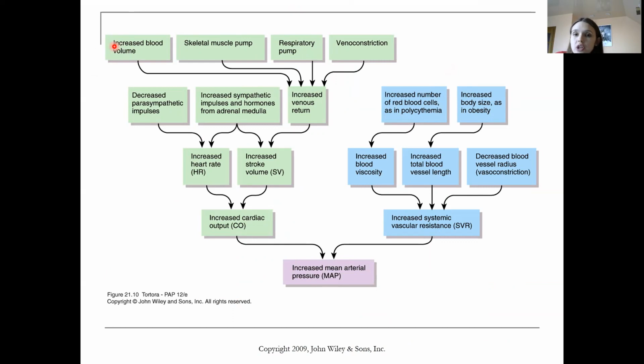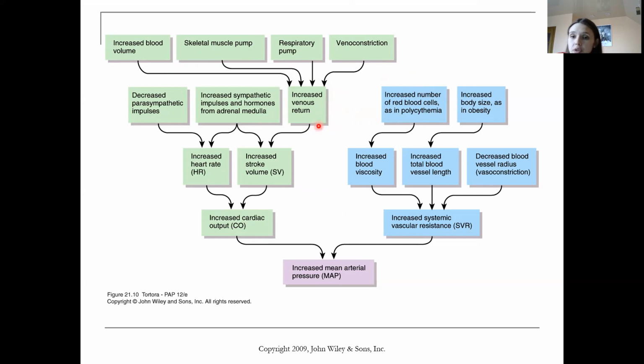Due to the circulation, this increased blood volume will return back to the heart through the function of the skeletal muscle pump and respiratory pump. Also due to the effect of the sympathetic division on the vessels, which is responsible for vasoconstriction. So all of these factors will be responsible for increasing venous return.